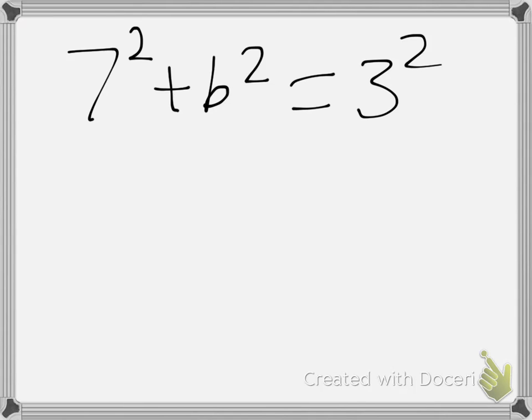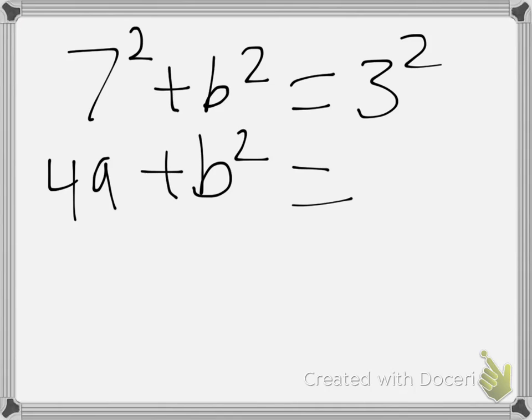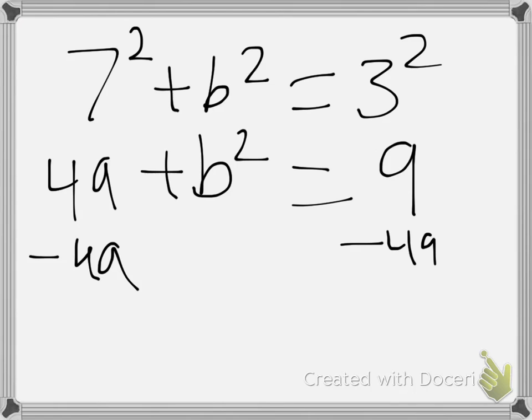Now we just simply square them. 7 times 7 is 49 plus B squared equals 3 times 3, or 9. And then this is where it's not really that tricky actually, because you just minus 49 on both sides. But if you don't know how to do this, just think of it like this.